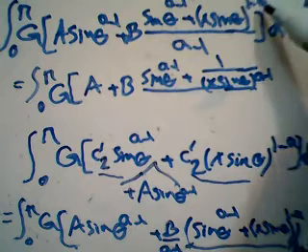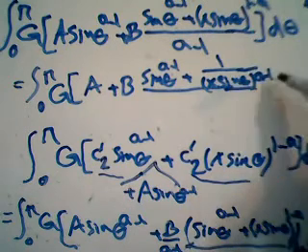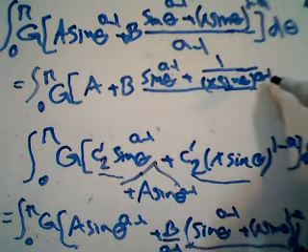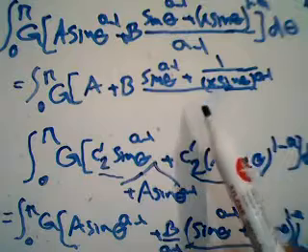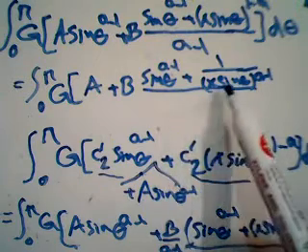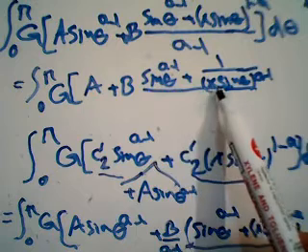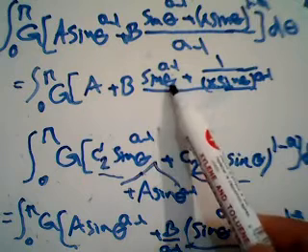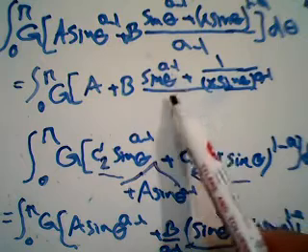Because the power here was 1 minus A, and when it goes to the denominator, that would be like this. And let's add these two. That would be this times this, and the power of this and this are equal.